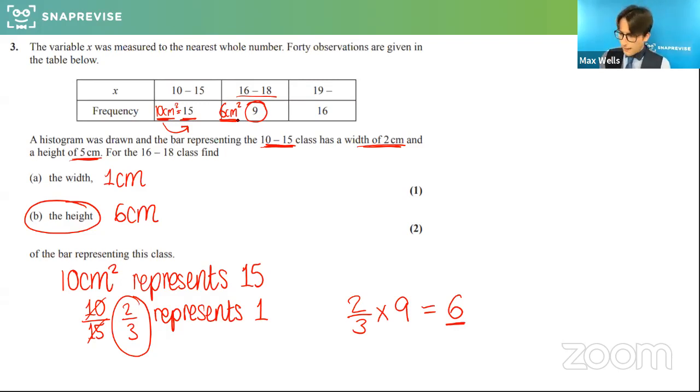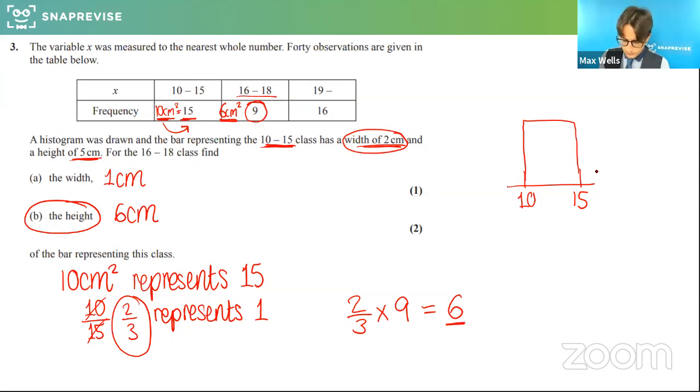So for the comparison there, just picking up on some of these questions, as I said before, on the x-axis, the size of the different classes can vary. So for something like this, you have to compare both, because they've told us what's going on with the width and what's going on with the height. The width refers to how wide it is in terms of the axis. So this first box was going from 10 to 15, and it went up so high.